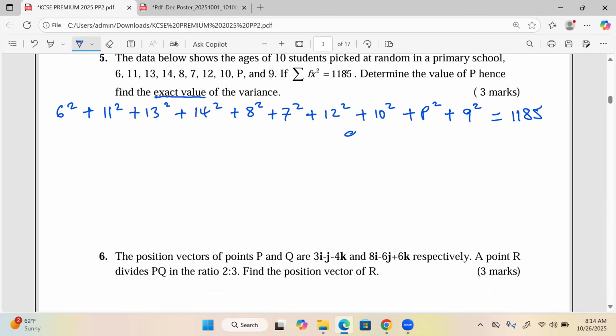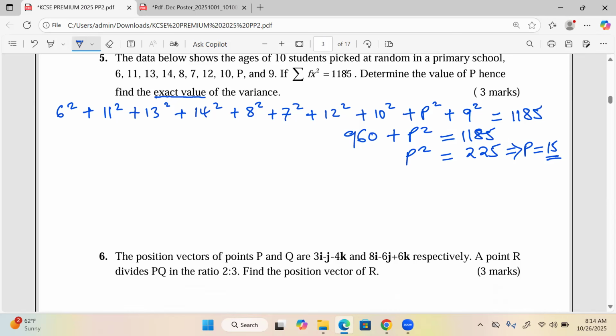So we are saying that 960 plus p squared equals 1185, and hence p squared equals 1185 minus 960, giving us 225. Hence, the value of p should be the square root of 225, which is exactly 15. So p is 15.